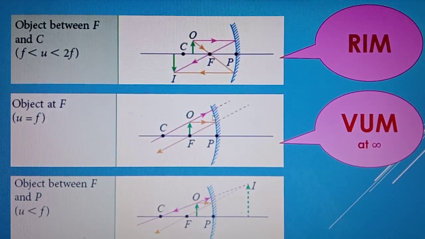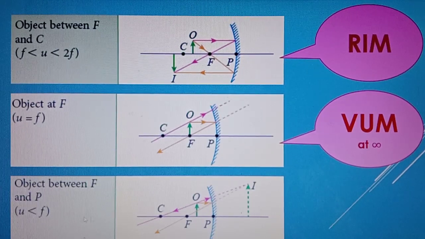So you can see the light rays will never meet. It produces parallel light rays, so observers can still see the image. The image forms at infinity, we call it virtual, upright, magnified, because the image cannot form here. It forms somewhere very far that cannot be determined. So it's virtual, upright, magnified at infinity.